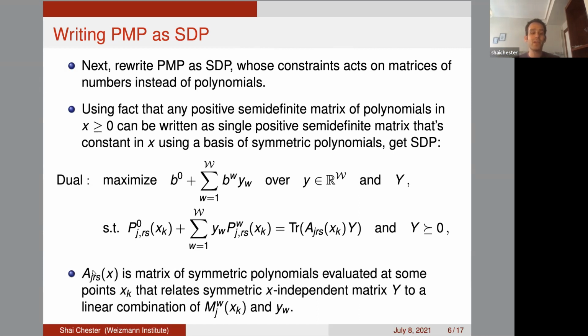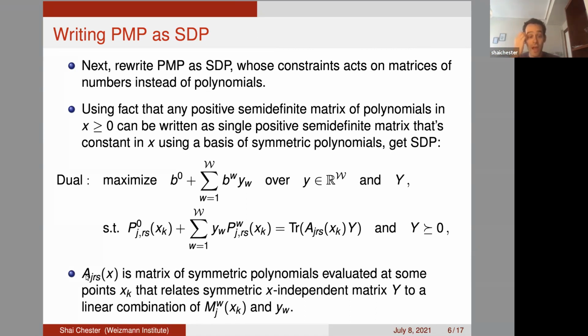This new quantity we introduced, A, is the thing which we use in order to write a matrix of symmetric polynomials in terms of just a matrix of numbers. There's just some algorithm which allows you to compute A in every case. It's made up of Kronecker delta functions. You can find it in the lecture notes, but the specific details aren't so important for us. You just need to know that it exists.